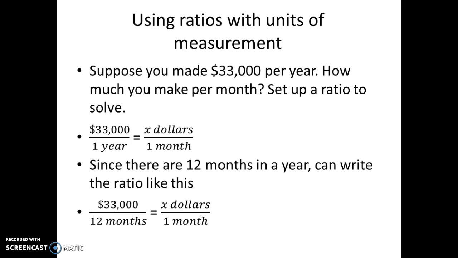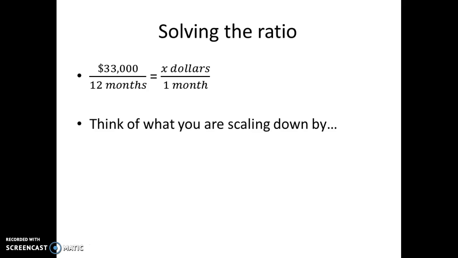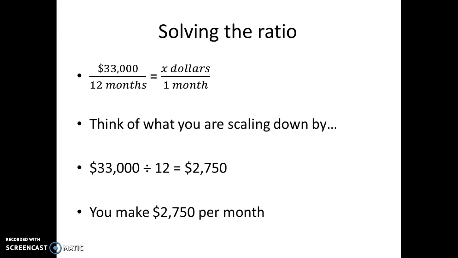So now I can see that I need to scale down by what? 12. So since I do 12 divided by 12 to get 1 month, I can do 33,000 divided by 12, which is 2,750. So that means that you would make $2,750 per month.